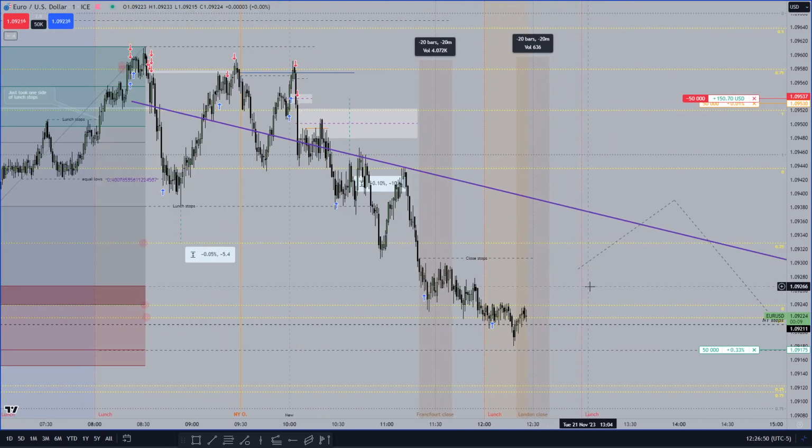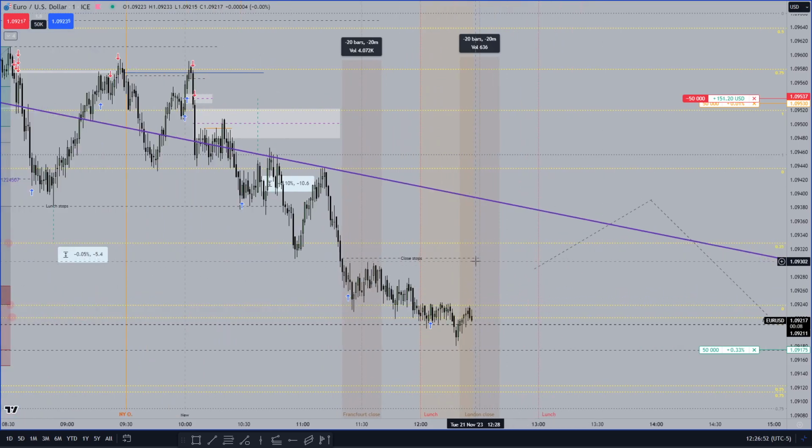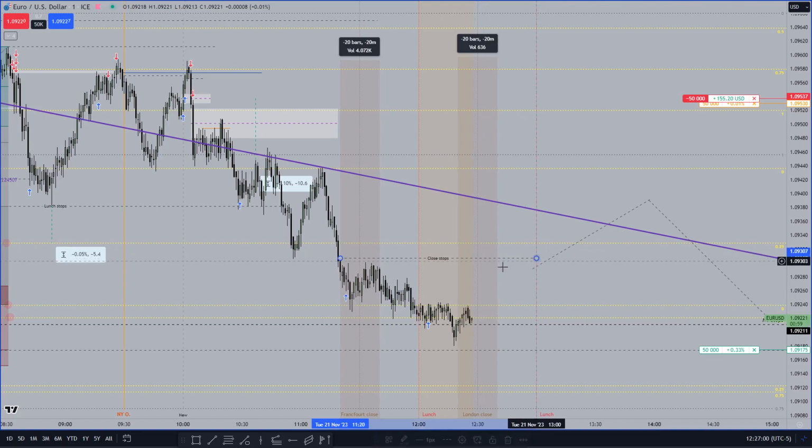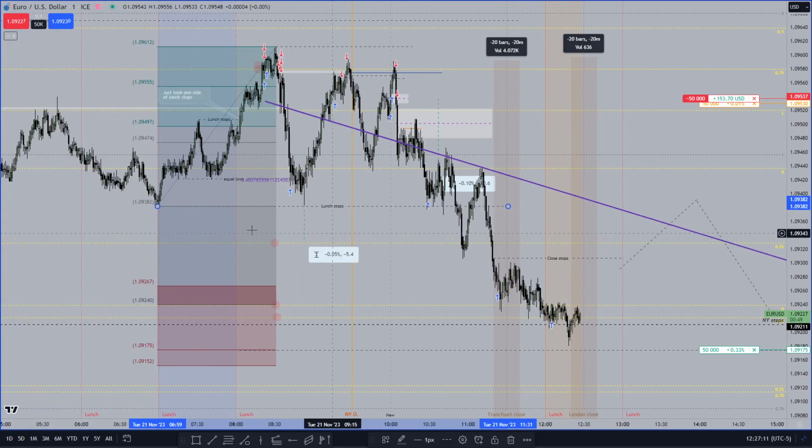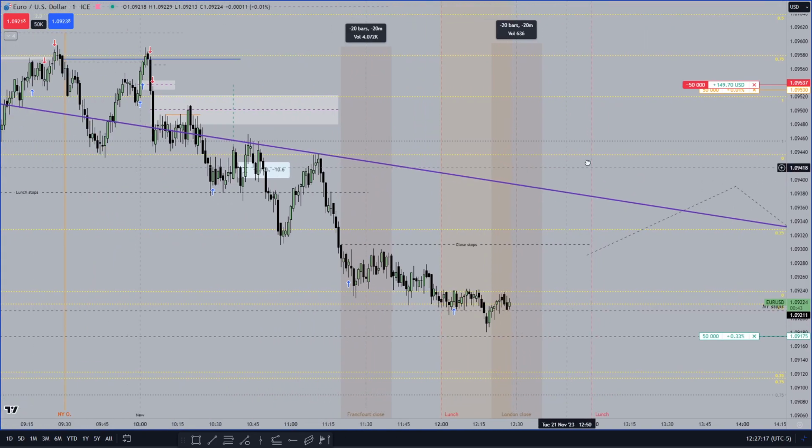I was not expecting it to break lower this fast. What I was forecasting for this day is that these lunch stops would be taken by the Frankfurt close, because they were the stops from the London session, from the London lunch.